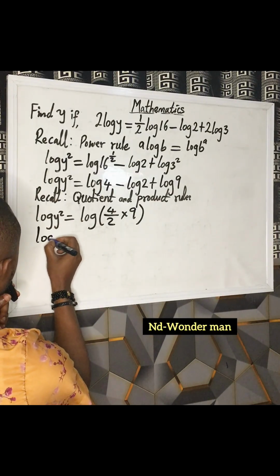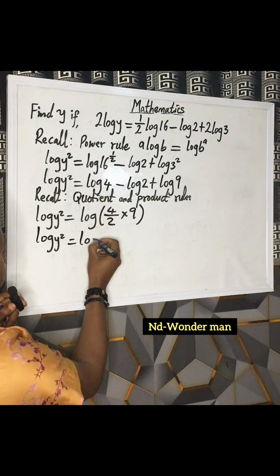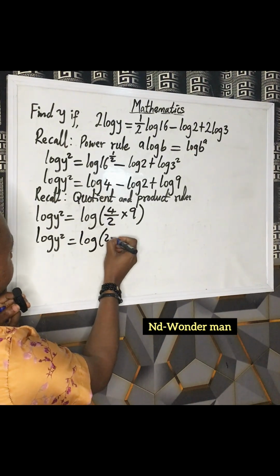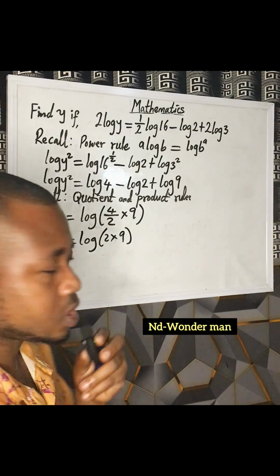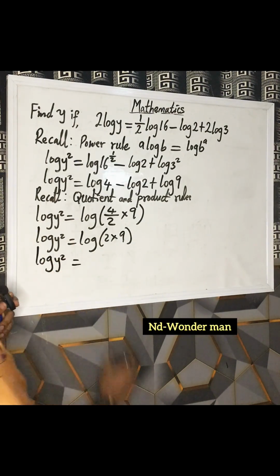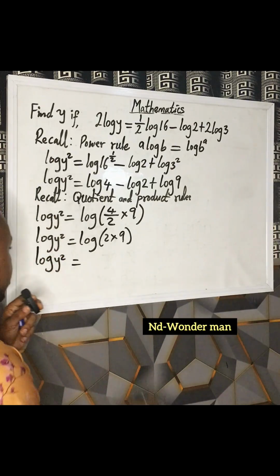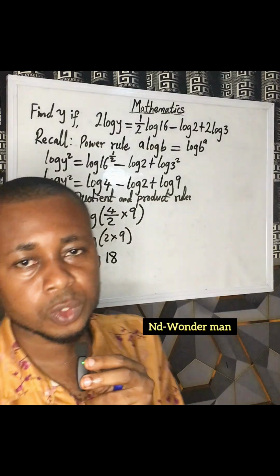Therefore, log y squared is equal to 4 divided by 2, of course, is 2. So we'll have 2 times 9. In that case, we are having log y squared is equal to 2 times 9, which is log 18. We're almost through.